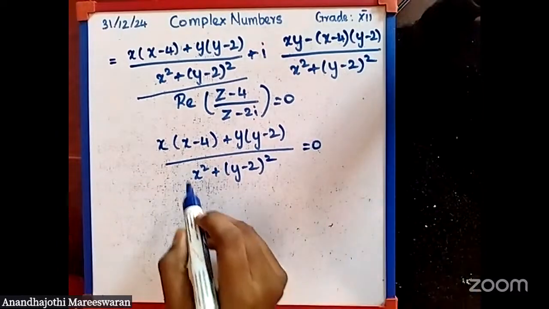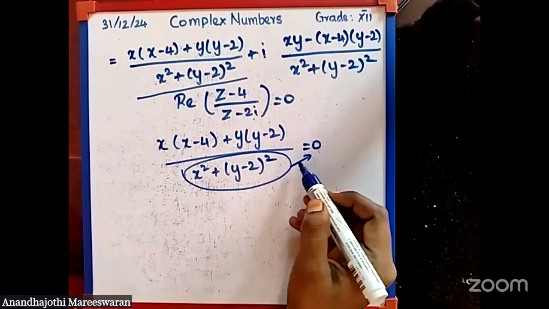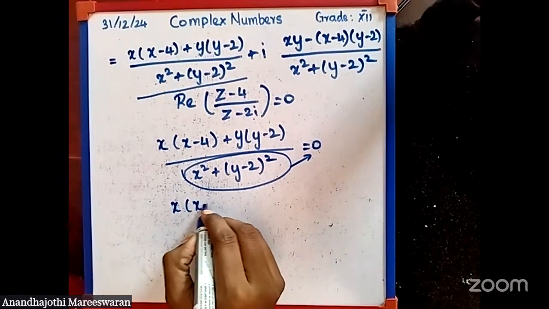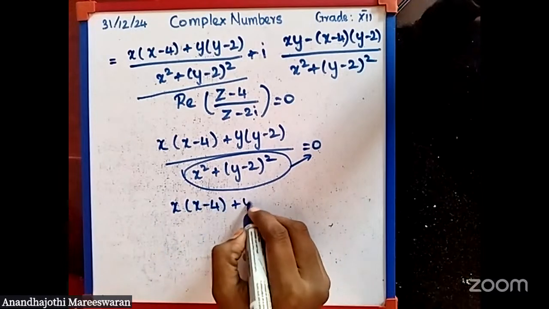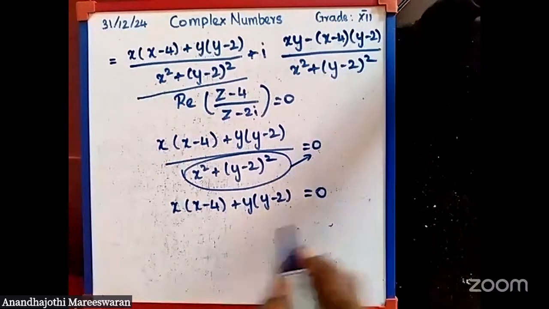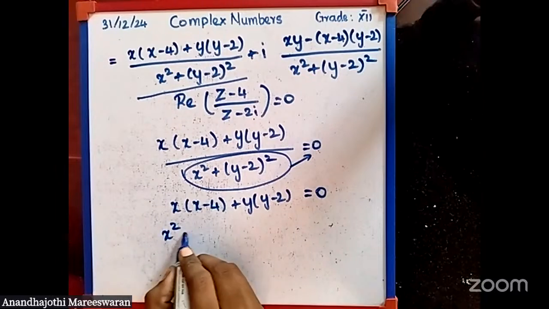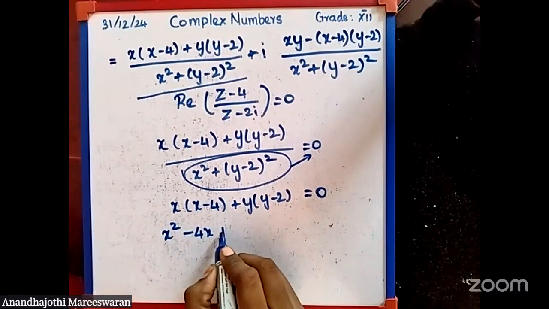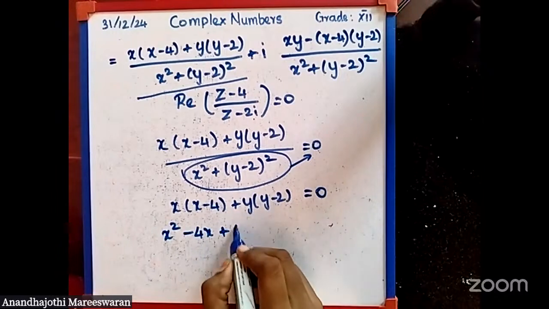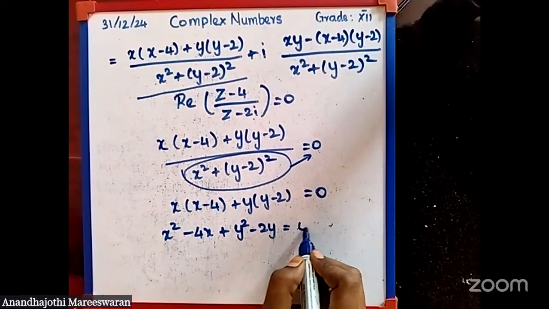Now I am going to take the entire part to this side. Anything multiplied by 0 remains 0. So x multiplied by x minus 4 plus y multiplied by y minus 2 equals 0. Now I am going to multiply the x inside. So x squared minus 4x plus, now I am going to multiply y within this, so y squared minus 2y equals 0.